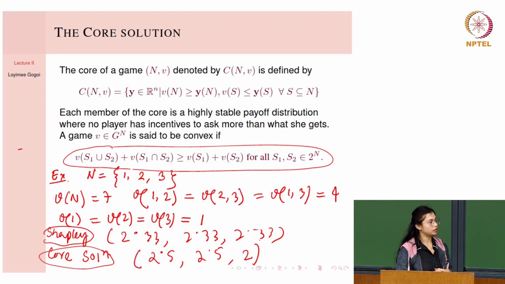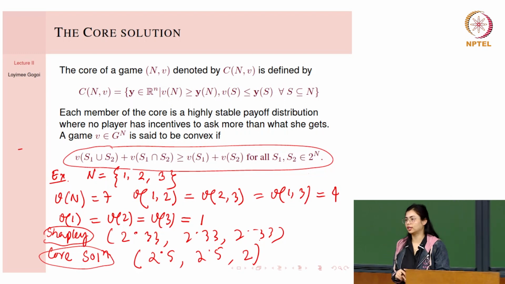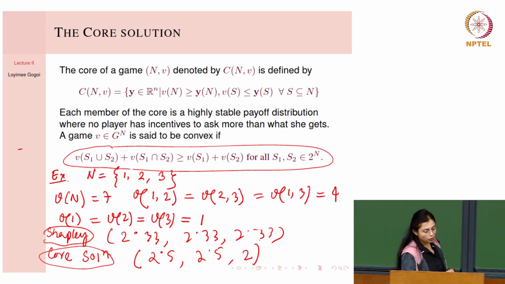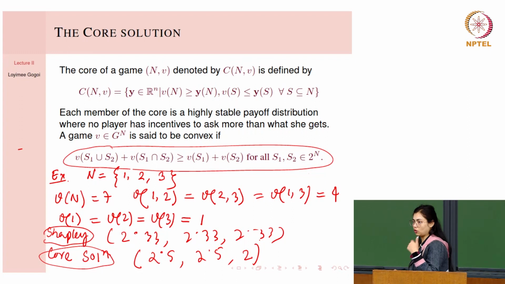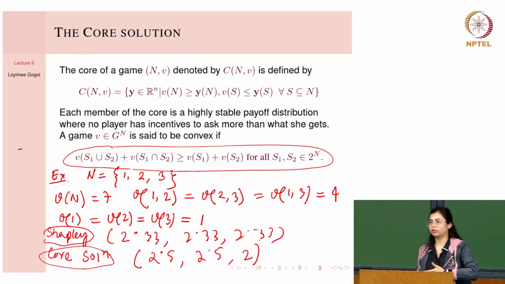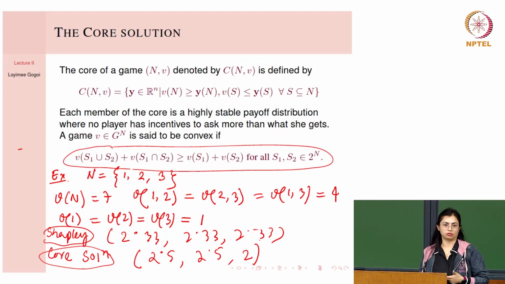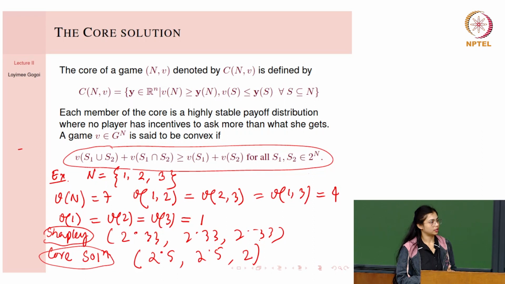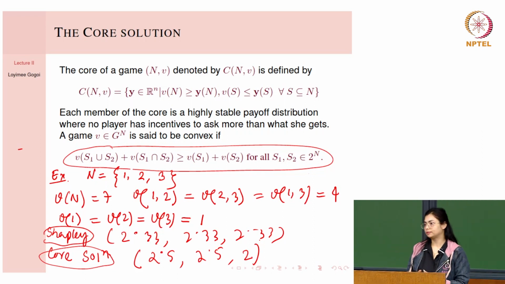Is it violating any rules or constraints? No, right? Because there is a theorem: when the game is convex, we have a non-empty core and this Shapley value belongs to the core. Okay? It's clear? Any questions?